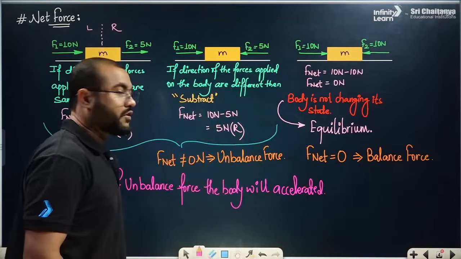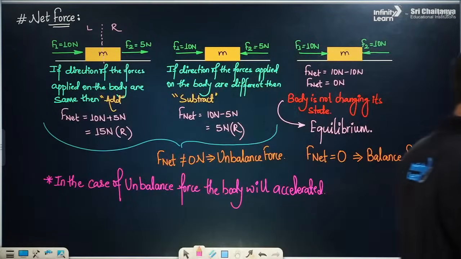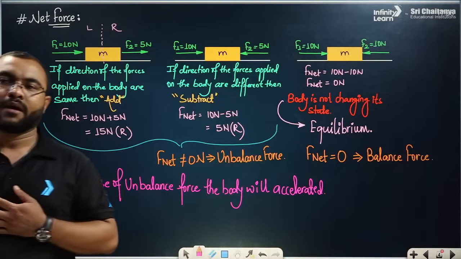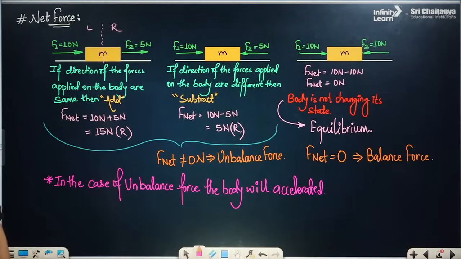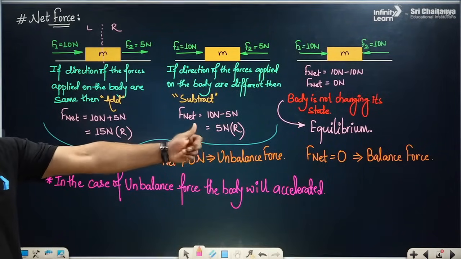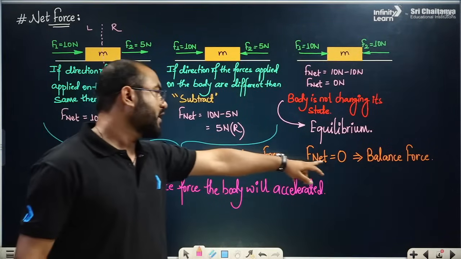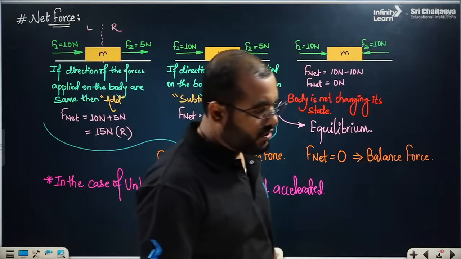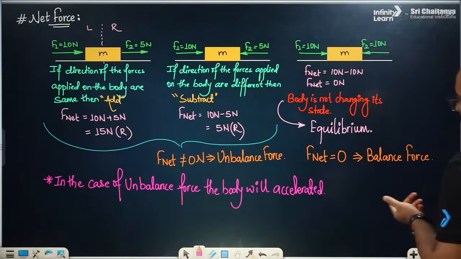It can be positive acceleration or negative acceleration, there is no doubt in that. I hope this much is clear to you. So this is the entire concept of balanced and unbalanced forces. And if someone asks you about accelerated motion in balanced forces, please write down: since F net is 0 and the body is in equilibrium, it cannot have any acceleration, because everything is constant in this.